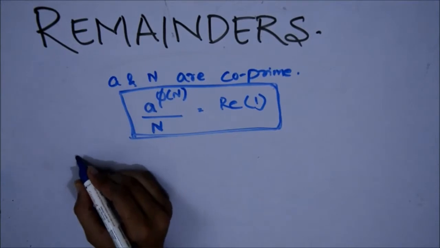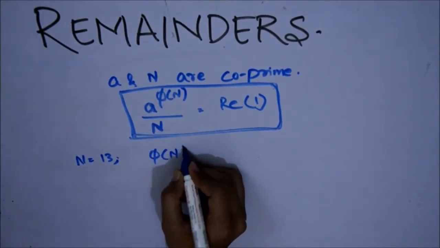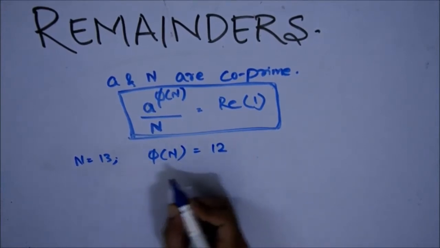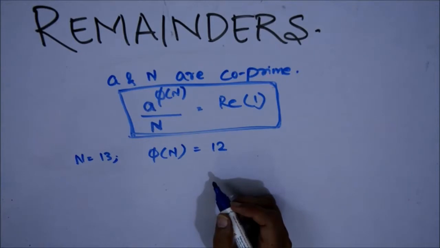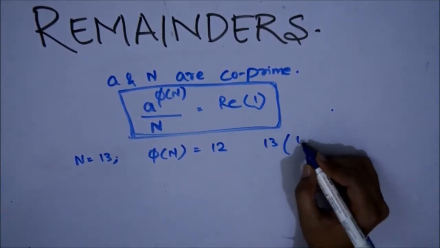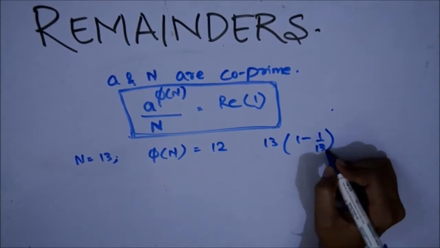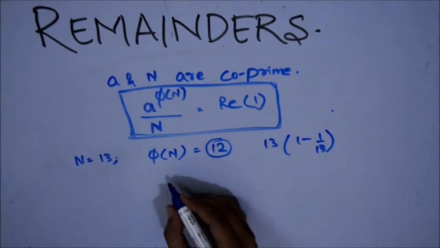For example, if n is 13, phi of n is 12, since 13 is a prime number. How do we calculate it? 13 into 1 minus 1 by 13, since 13 is the only prime factor. So phi of n is 12.